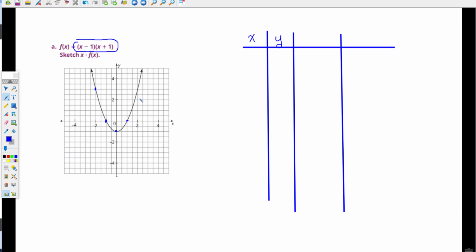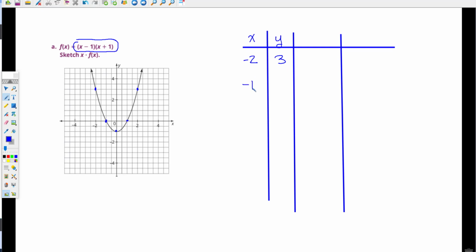If you haven't figured out, I do like to try to go by ones on my X when I'm getting the values, or by 0.5s, but not usually skip a whole lot more than that. So my X at -2, I was at +3.